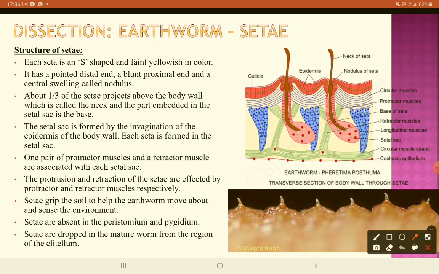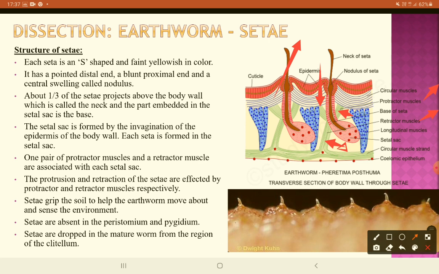Which is the protractor muscle here? This is the retractor and the upper one is the protractor muscle. The protrusion and retraction of the setae are effected by the protractor and the retractor muscles respectively. That means when the seta is protruded out and has to be retracted back, this is done by the protractor and the retractor muscles.